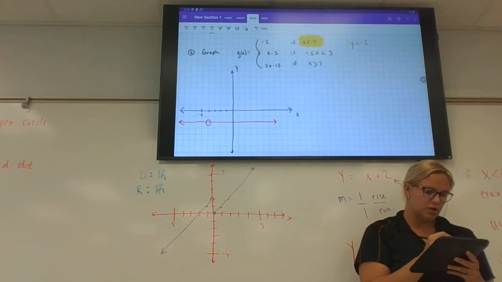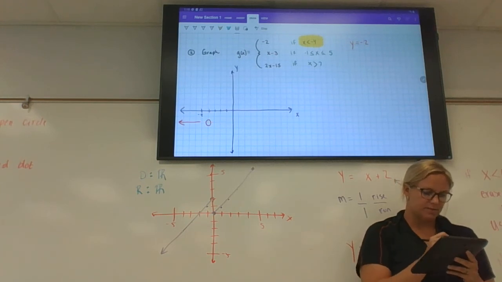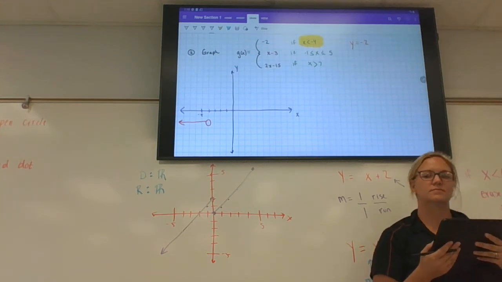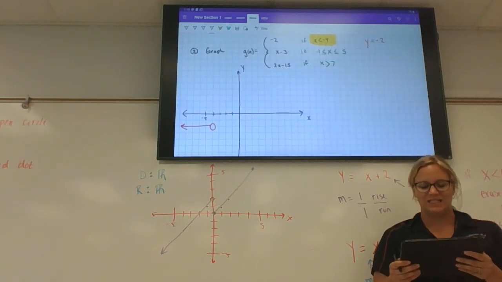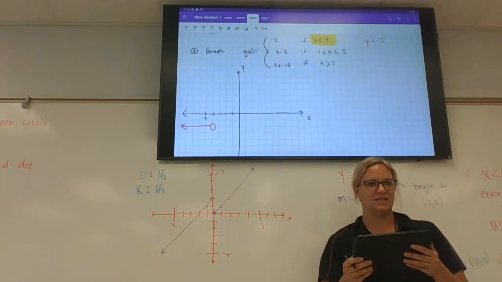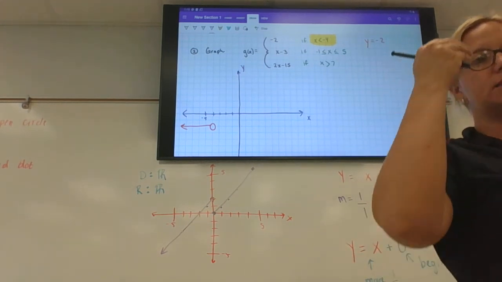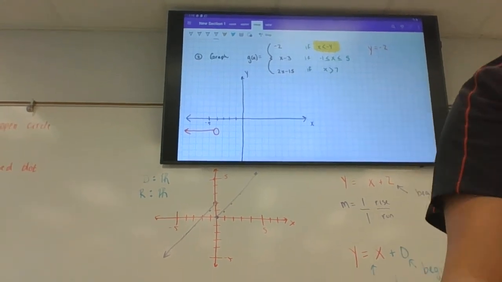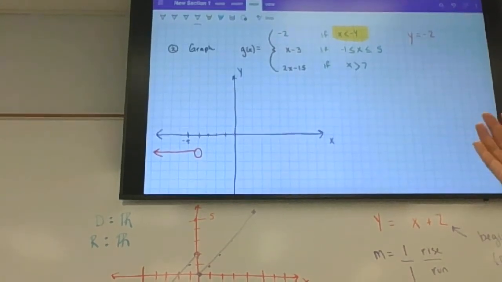I'll do an open circle, and then I start my erasing. And there it is. There's my first piece. The more you do this, the more you understand how to separate x and y in your mind, to see just the x values and not the y values. This is all we have to do and we're done.